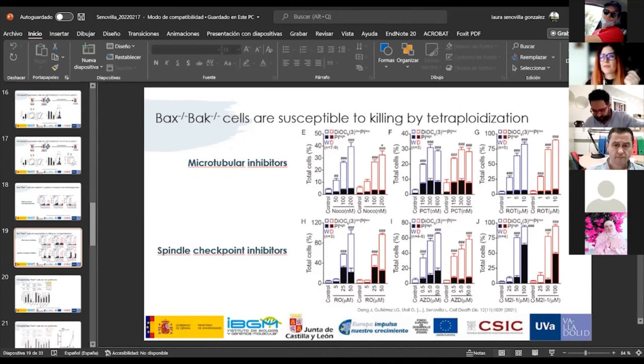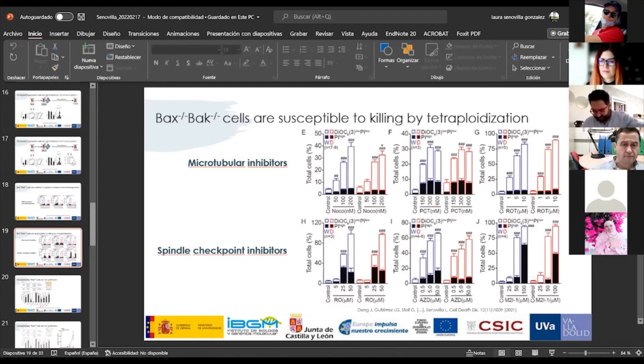So in the absence of P53, of course, there is more tetraploidization. I didn't want to have more variables in this project, so I checked the P53 level in the cells, and it was at the same level as in the wild type. Like this, I avoid an effect of P53. Okay.